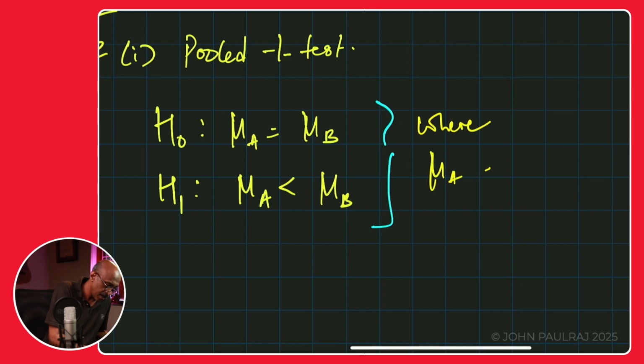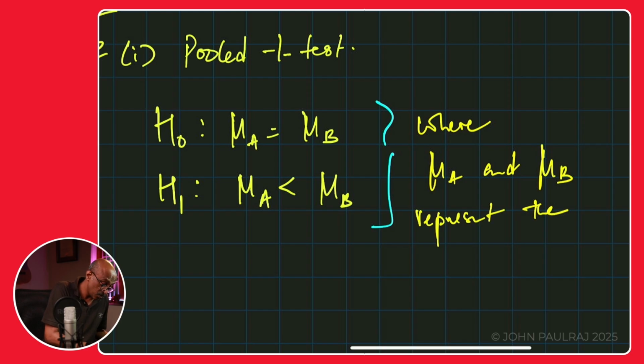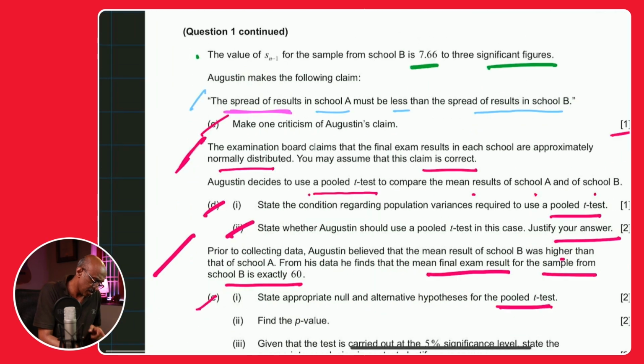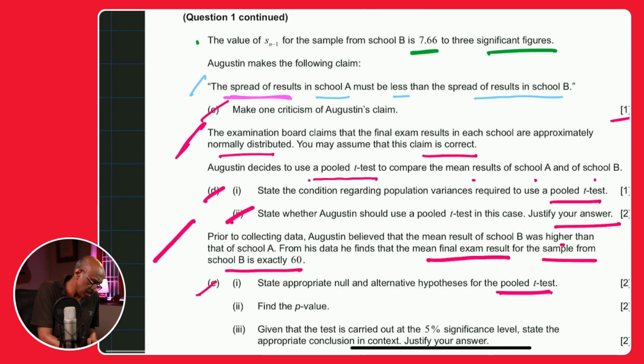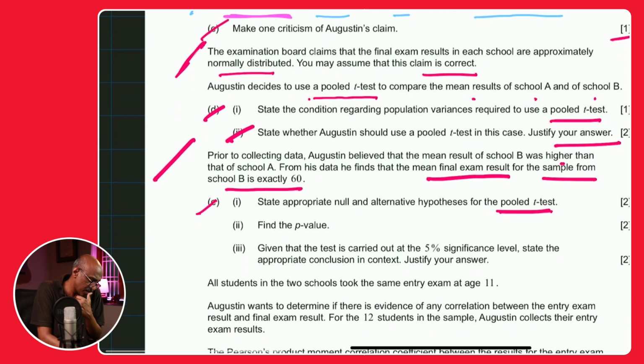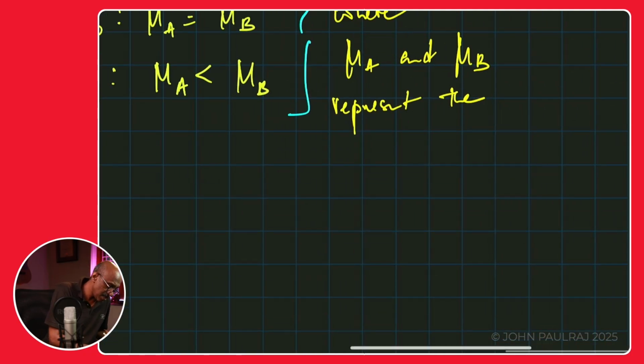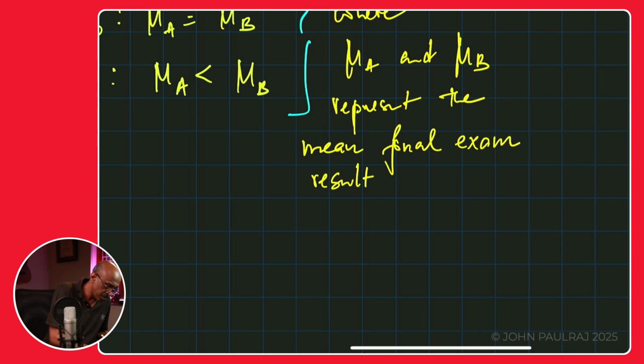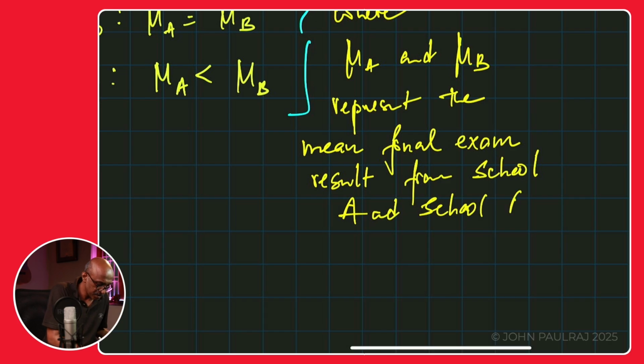And it's a good idea to also write down where mu A and mu B represent, using the terms from the exam. It's the mean final exam result. So mu A and mu B represent the mean final exam result from school A and school B respectively.